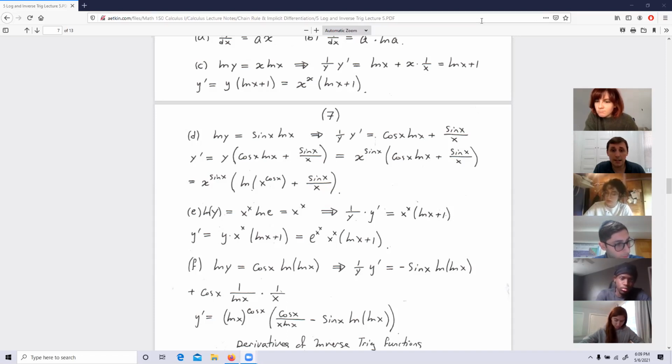Is sine an invertible function? Very good.